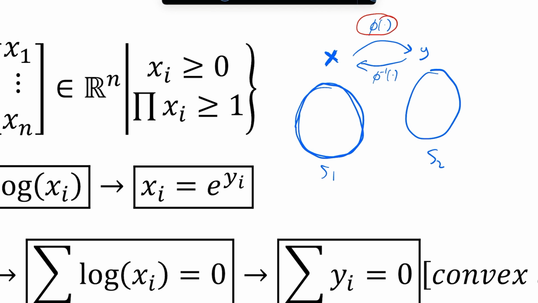If I have some type of transformation, a change of variables, to y, because we have yn, and I look at S2, and if S2 is convex, then we can claim that S1 is convex. This is only correct if that transformation is linear, if it is a linear map. If that is the case, then you can make that argument. If not, no way, Jose, right?